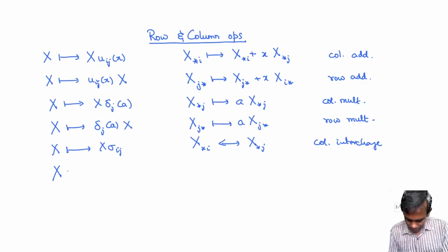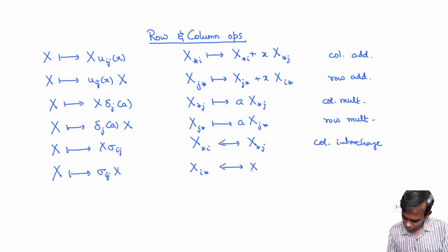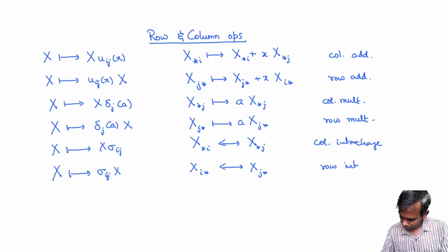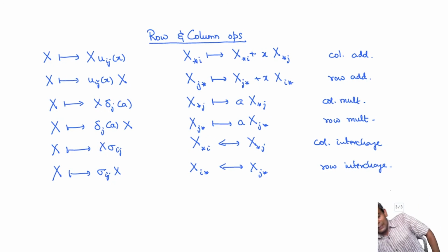Finally, X goes to sigma_ij X is the row interchange operation: we interchange the ith row and the jth row of X. I'm sure most of you have seen these row and column operations before, and they're not very difficult to prove. If you find it difficult to prove them in general, just try with 2 by 2 matrices at first, and then you'll see the pattern.